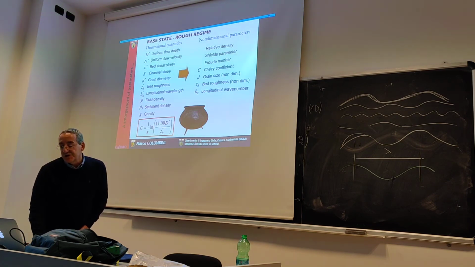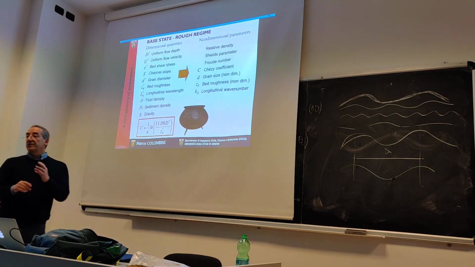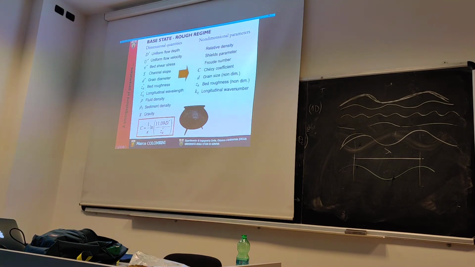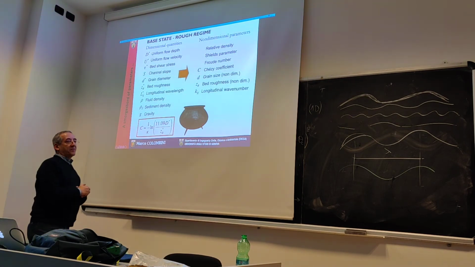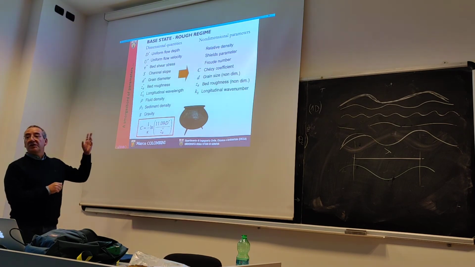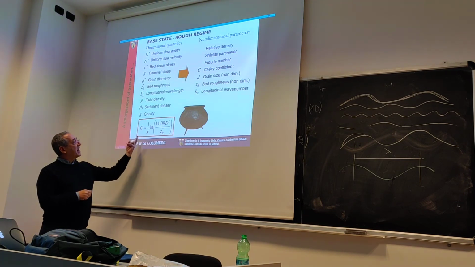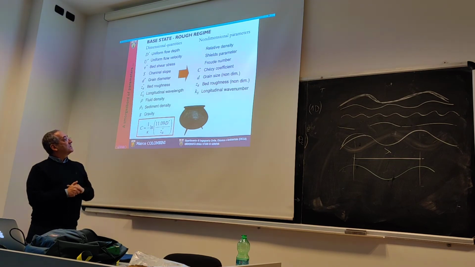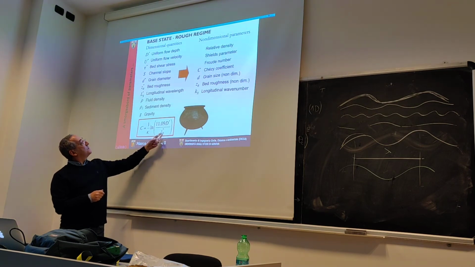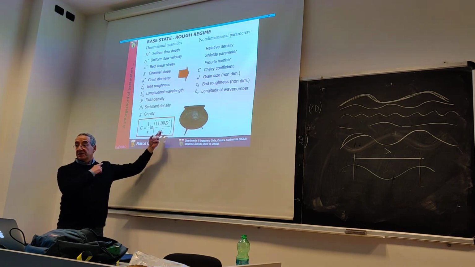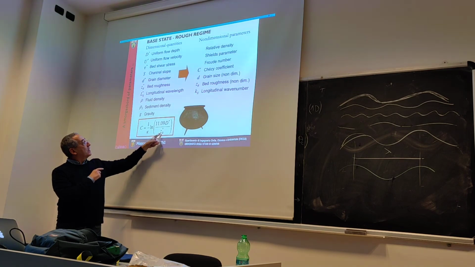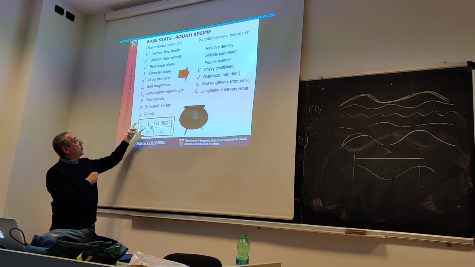Okay, this is the Chezy coefficient, the one that I told you is the ratio of the average velocity over the friction velocity. Let's forget about what the friction velocity is, but it's a ratio of two velocities, so it's non-dimensional. And it has been related to the roughness of the bed and to the flow depth in this way. So this is exactly what I was telling you. This is the ratio of u over u f.